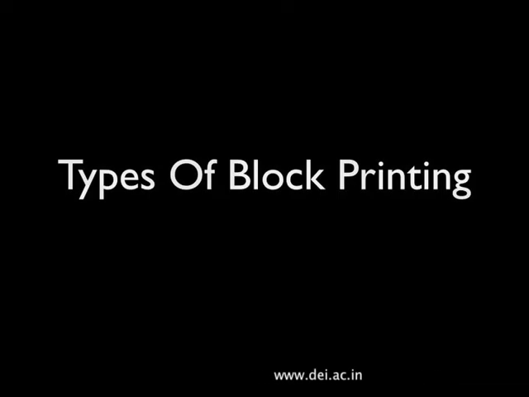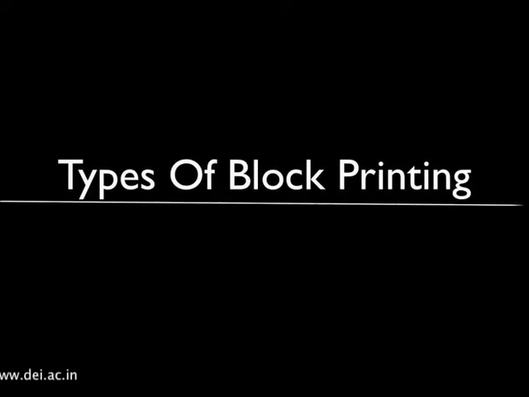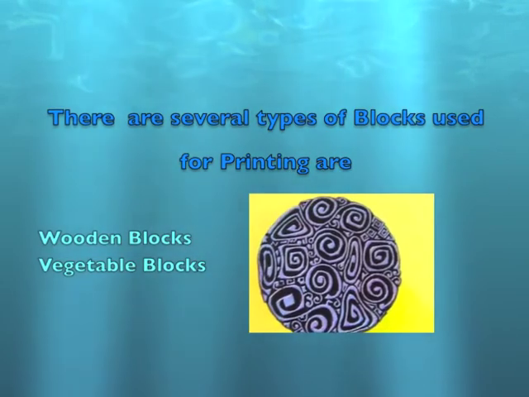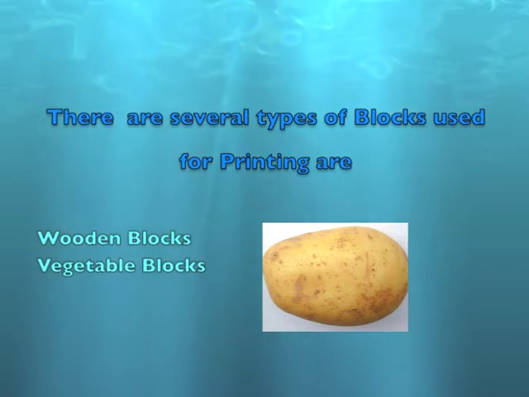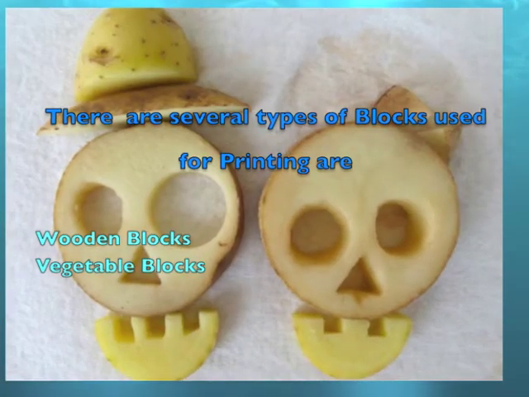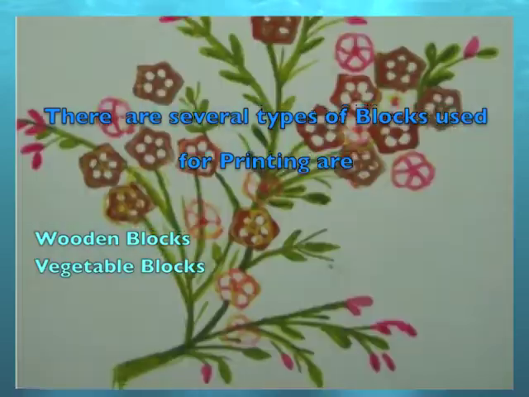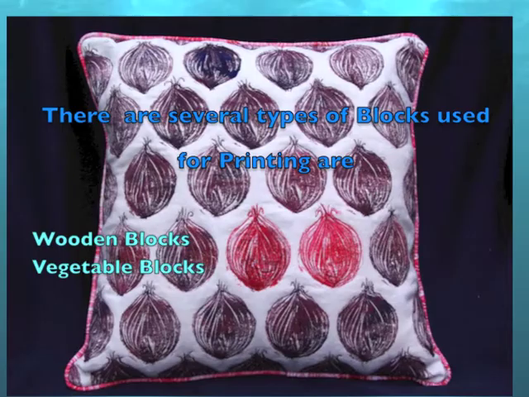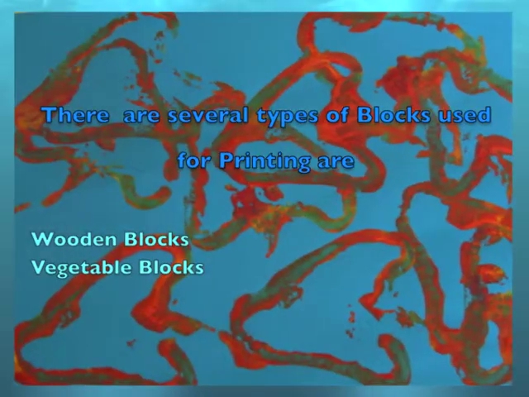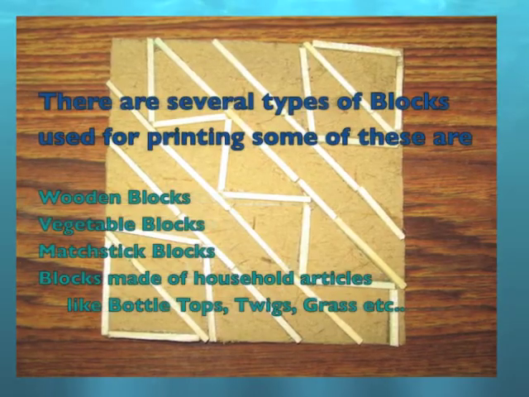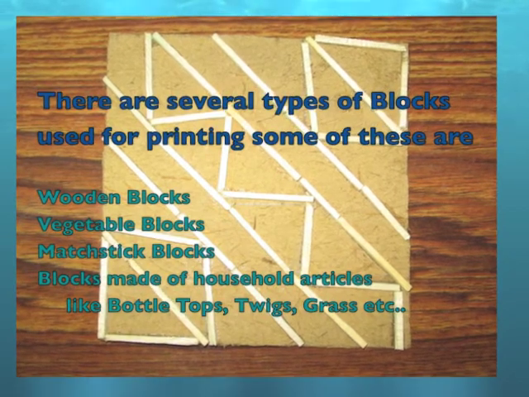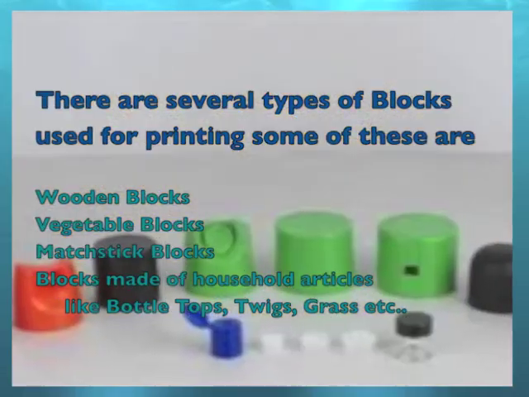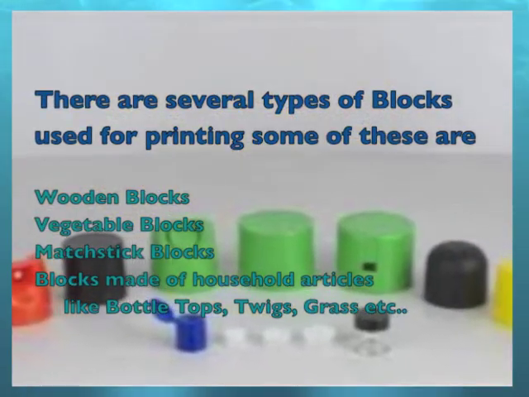Types of block printing. There are several types of blocks used for printing. Some of these are wooden blocks and vegetable blocks, which can be made from potatoes, ladyfingers, onion, capsicum, etc. Matchstick blocks or blocks made of household articles like bottle tops can be used.